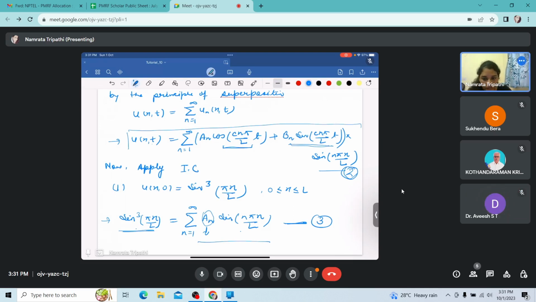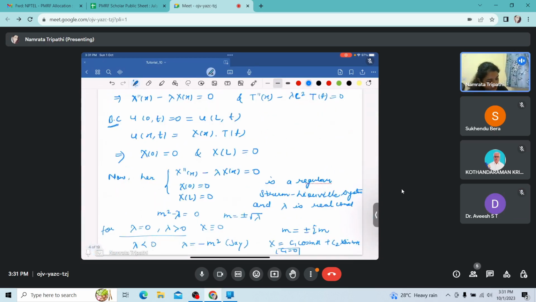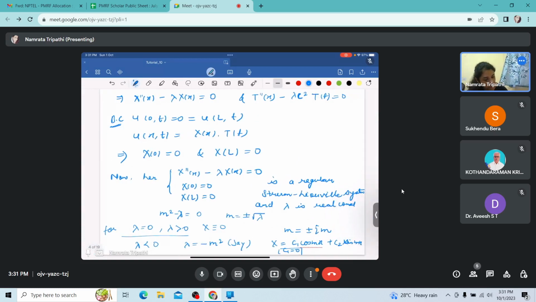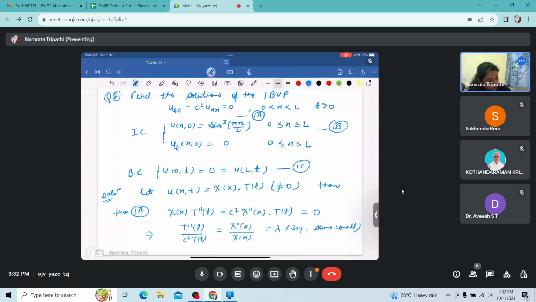Is there any other doubt in question 1? Okay, let me give a quick review of question 1, what we have done. In this question, we have to find the solution for this wave equation in which x is bounded, and we have been provided the initial condition and boundary condition.